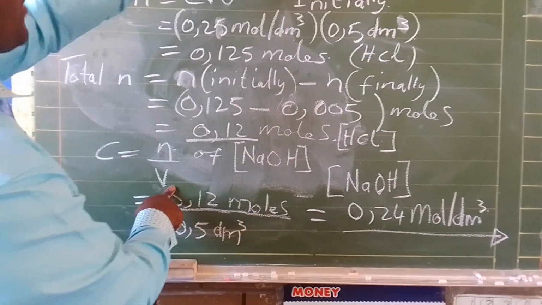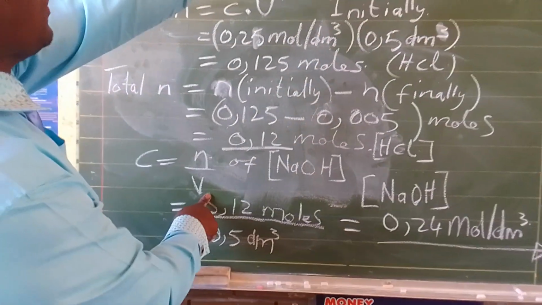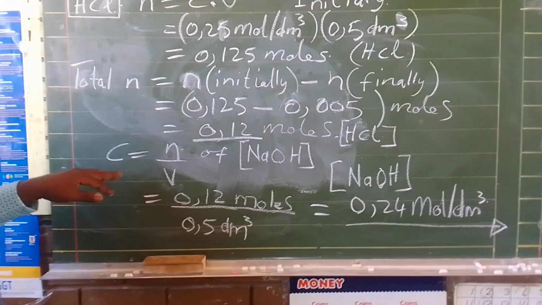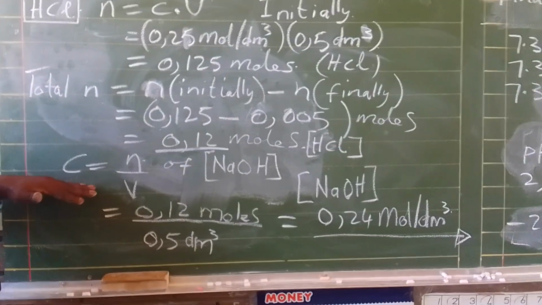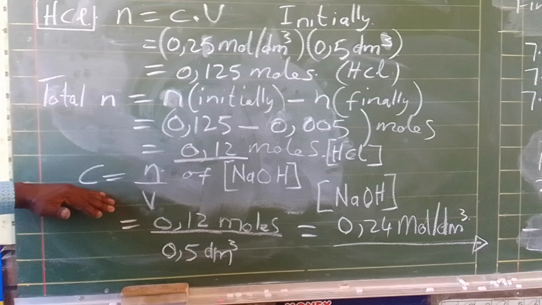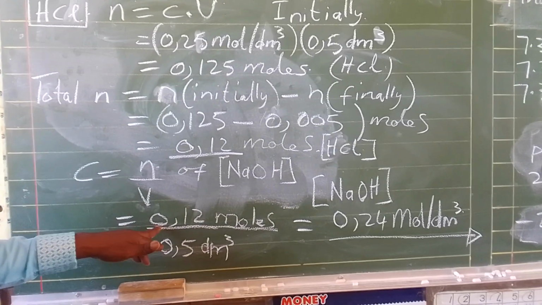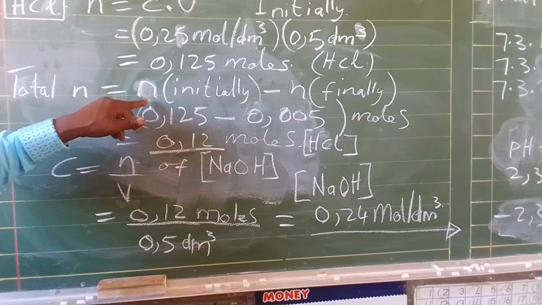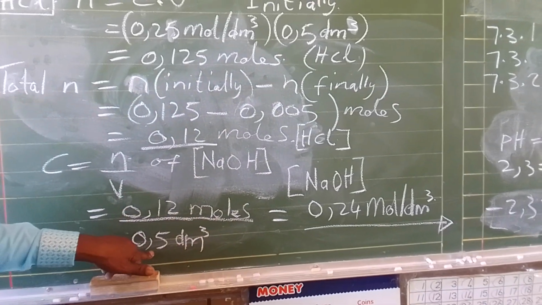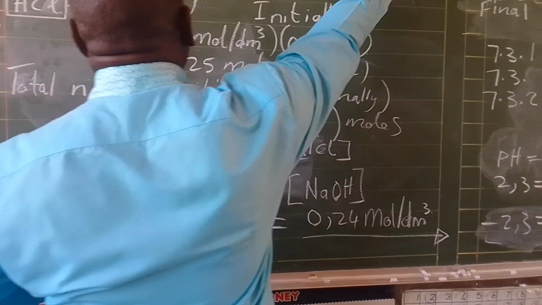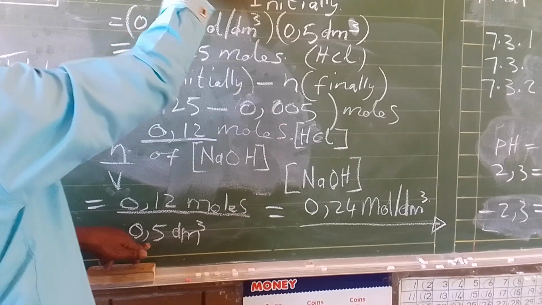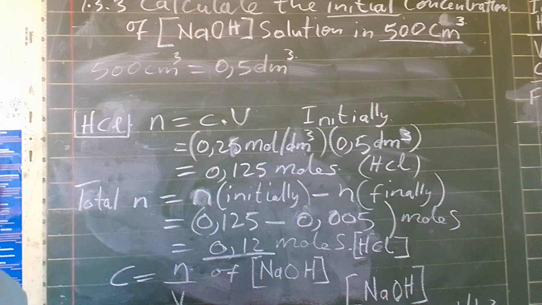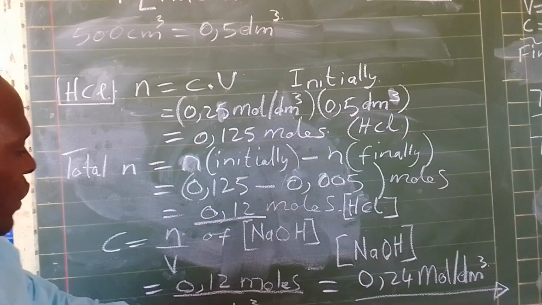Now we are calculating the initial concentration of sodium hydroxide. That's where we come up with 0.12, the number of moles of sodium hydroxide, divided by the volume. The volume is 500 cubic centimeters, which is 0.5 decimeter cubed.